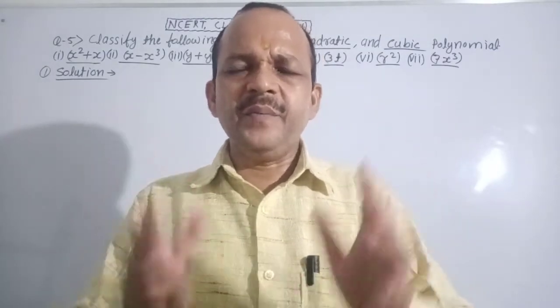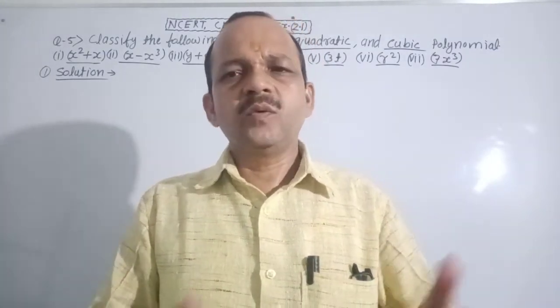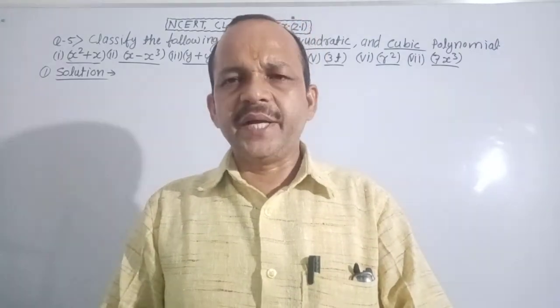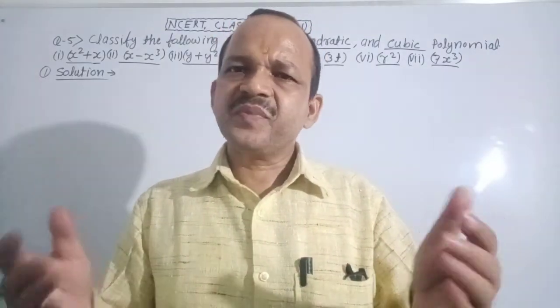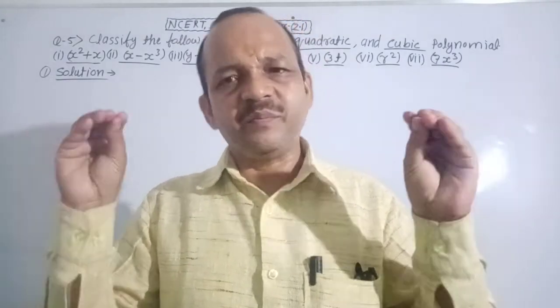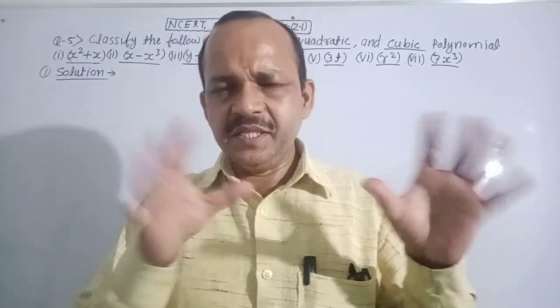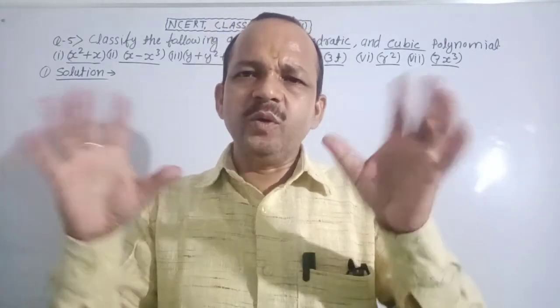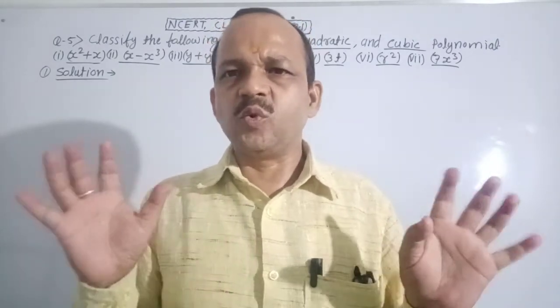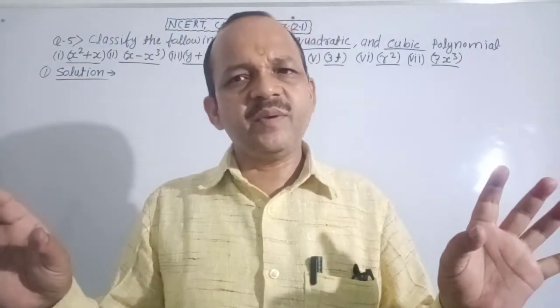The number in front of each term is called its coefficient. The maximum power of the variable is called its degree. Is all clear? Very good. Learn this. You can solve your questions very easily with the help of these rules.